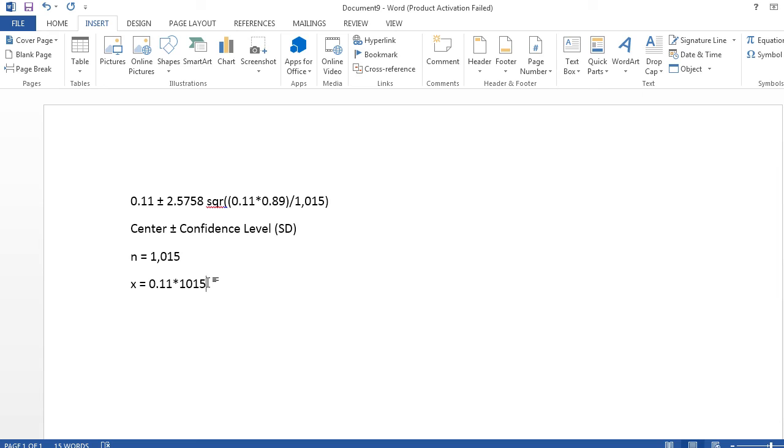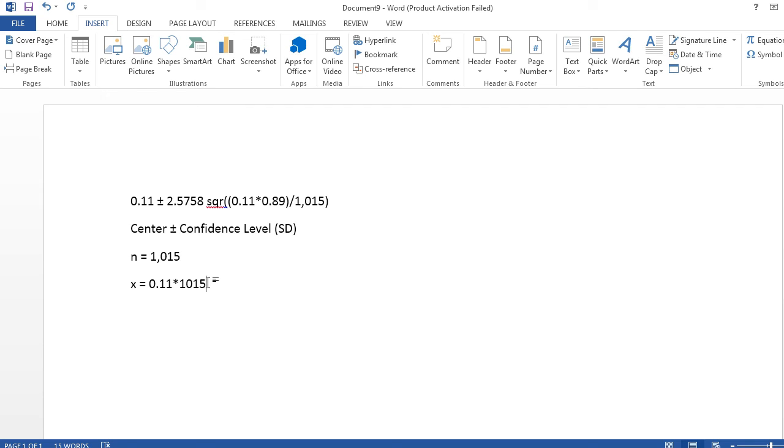It gives me 111.65, so I have to round it to 112. So it gave me a decimal and I had to round it to 112. Now I'm going to type in n, which is 1015, and my confidence level, which is 99.